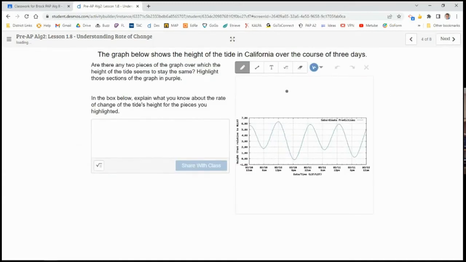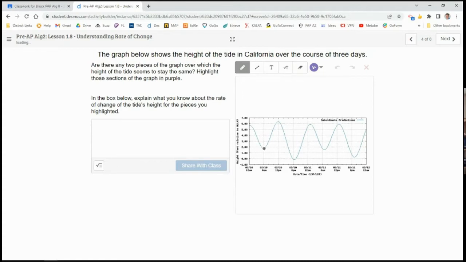This graph shows the height of the tide in California over the course of 3 days, just like the other 2, same one. Now we're supposed to look at any places where the height of the tide seems to stay the same. Highlight those in purple. So in purple, any places where the tide is not going up, the tide's not going down, the tide is staying the same level. So there's a few places we can see this.